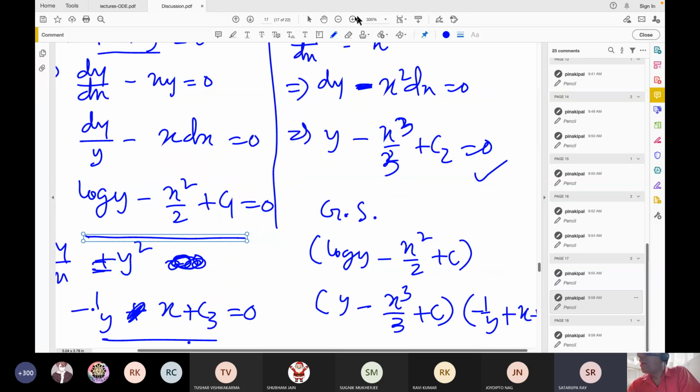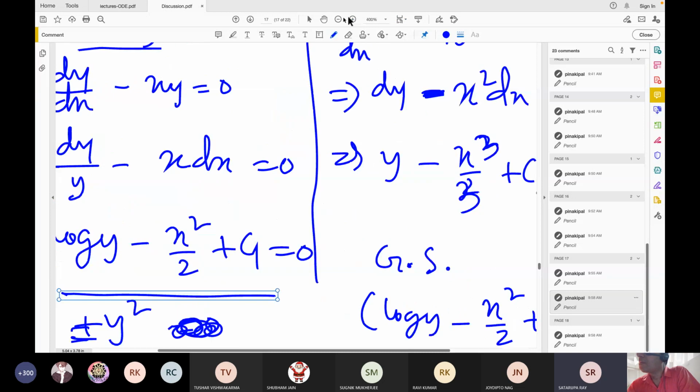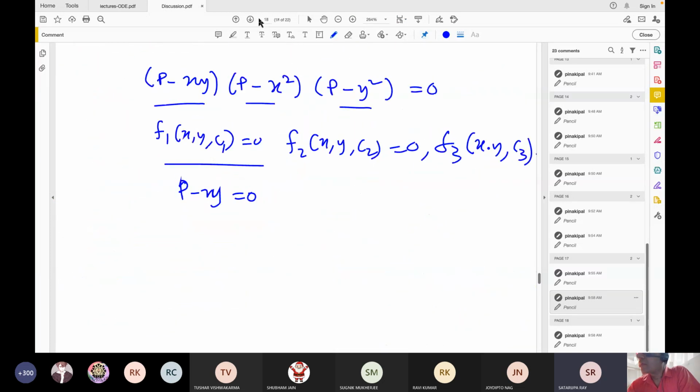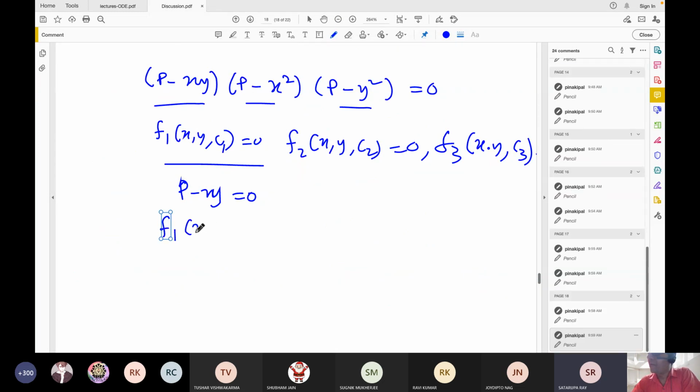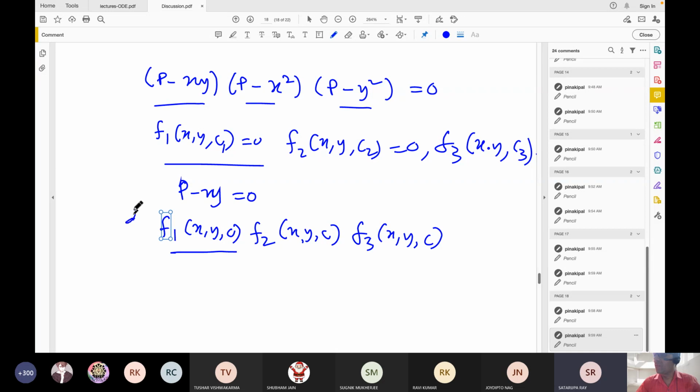In the final form, we have written the solution in the form f1 of x, y, c1 times f2 of x, y, c2 times f3 of x, y, c3. Now if you differentiate this with respect to x by the product rule, what will we get?